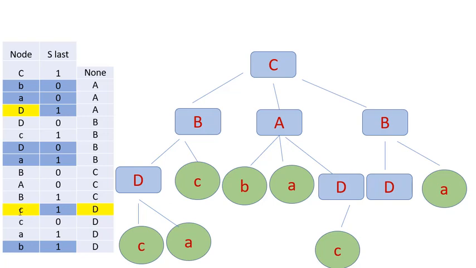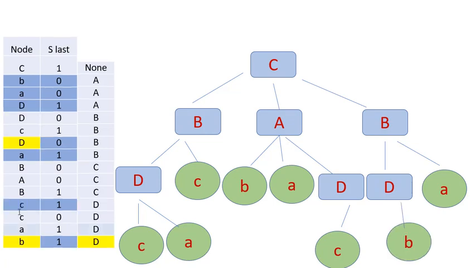It should be the only leaf node that the D has, which is C. And the very last D should be the third D of this column. So I find out this should be the third block of D here. I refer back to the leaf node B, so simply put the B here.